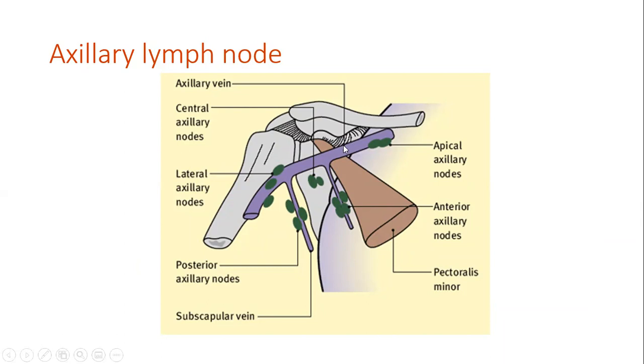Remember we talked about yesterday how the main veins of the upper limb are your basilic, your cephalic, your median cubital, and then this axillary vein. This axillary vein drains a lot of blood going back towards the heart for oxygenation, and since it has a lot of blood in it, if it's damaged, you run the risk of bleeding out.